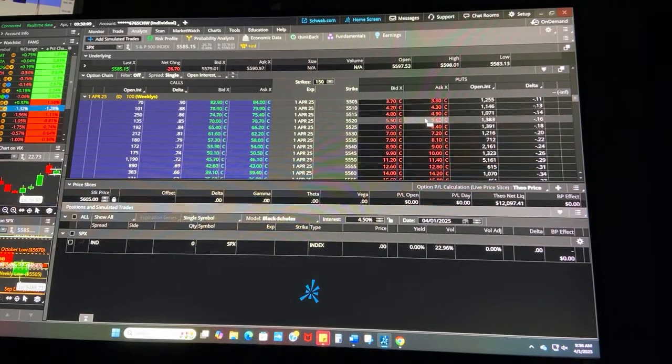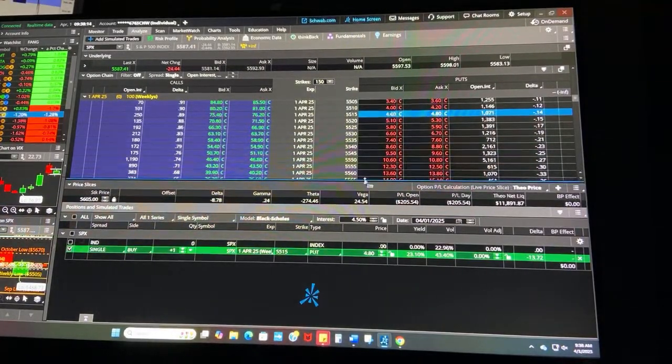All right, and there's a positive gamma node at the 5515 handle. That's about a 14 delta right now on SPX.